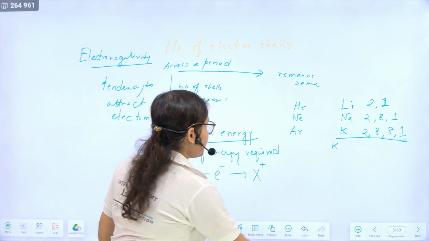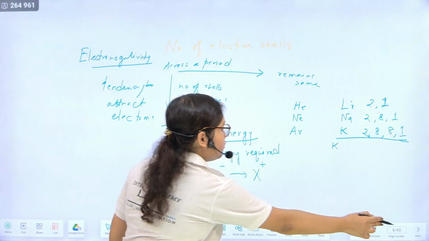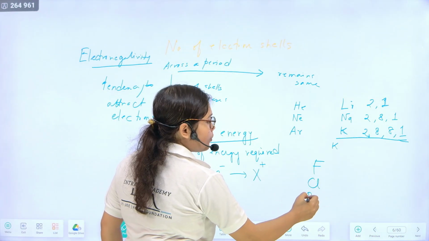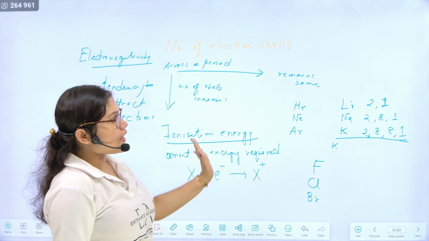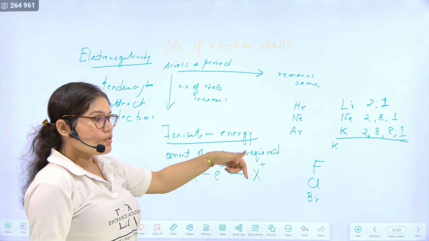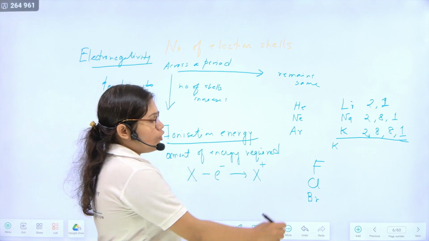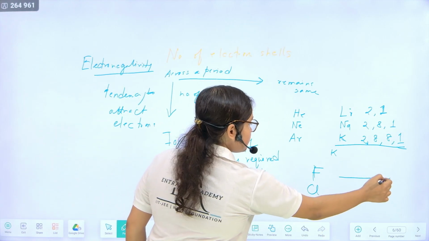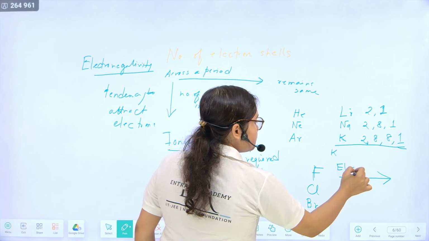In this question, the elements are fluorine, chlorine and bromine, arranged like this. Now the trend of electronegativity: according to the periodic table, the right side elements, like non-metals, have the maximum electronegativity.